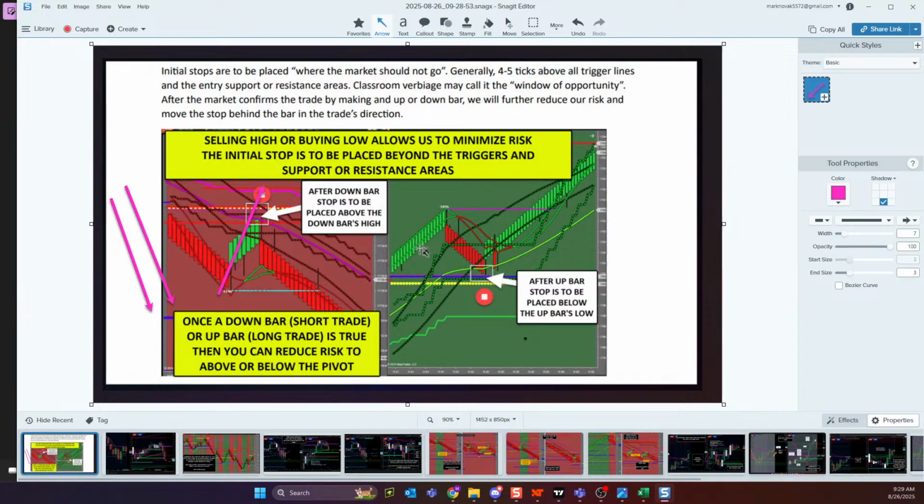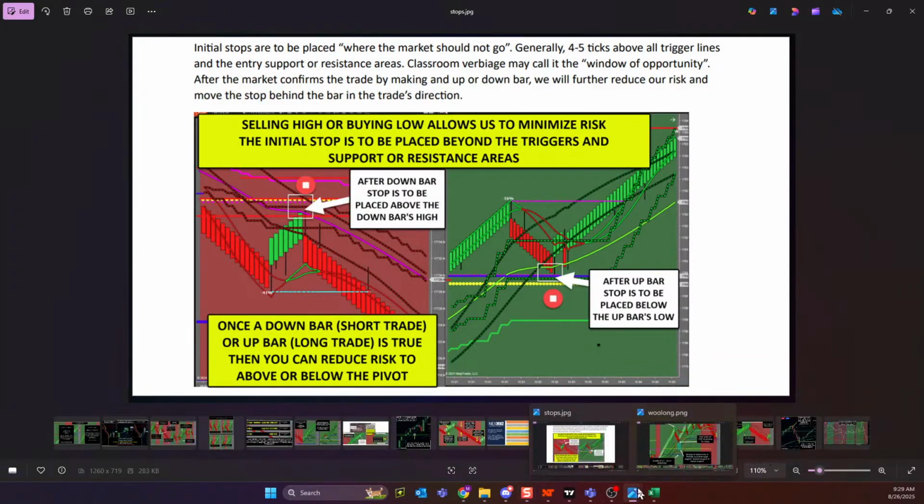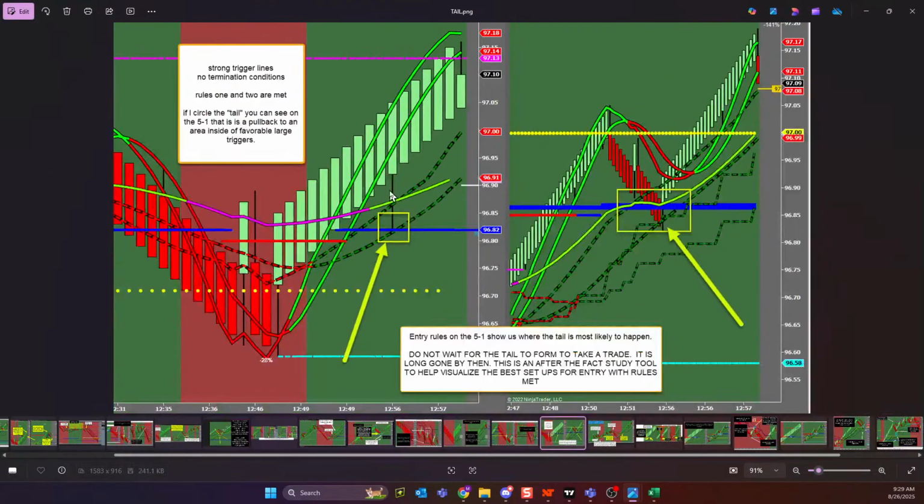You are reducing your risk by waiting for the pullback. You are reducing your risk by putting your stop 4 to 5 ticks beyond those triggers, and you are accepting your risk because with a little bit of study, the one thing that you will realize is that this is a pattern that typically wins more than it loses. This is an edge. This is an advantage.